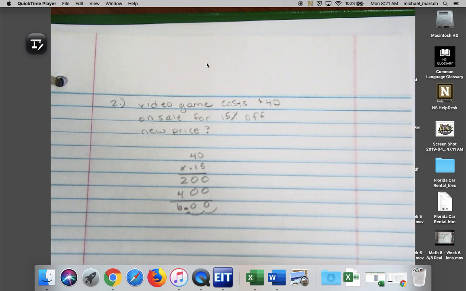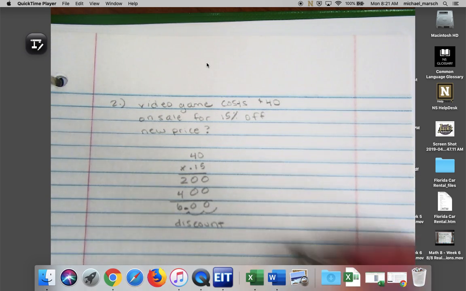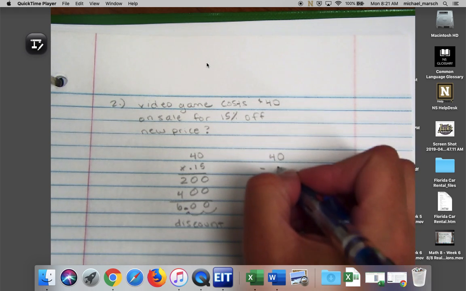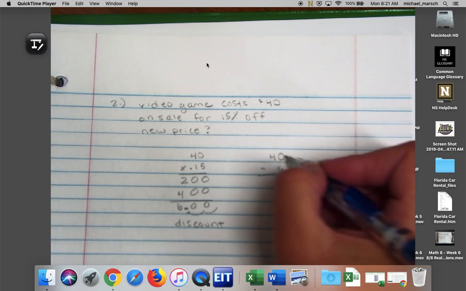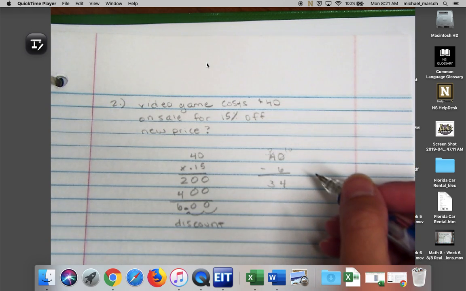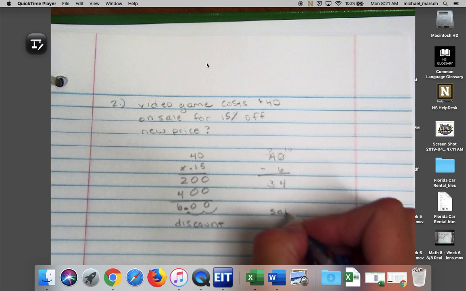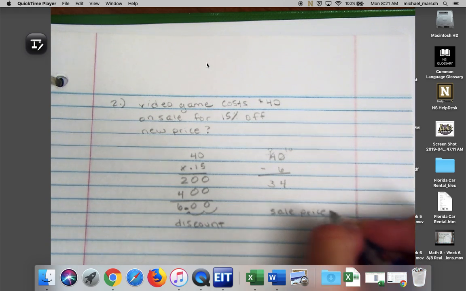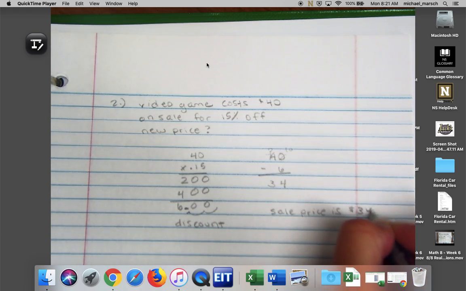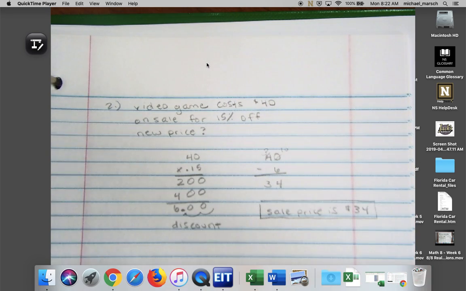So that's my discount. Then I'm going to go back up here and take the original, subtract my discount, and I get 34. So the sale price is $34. Right.